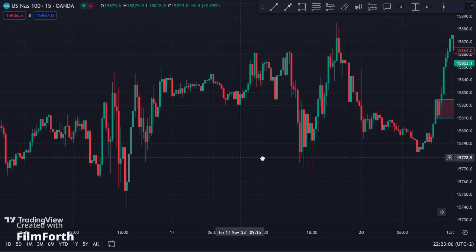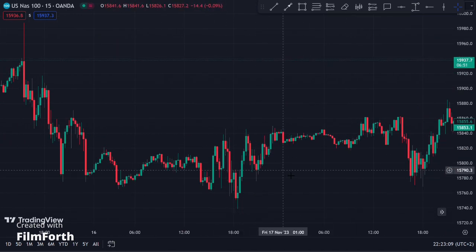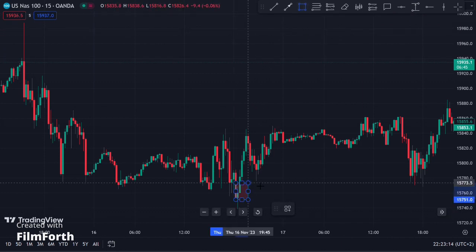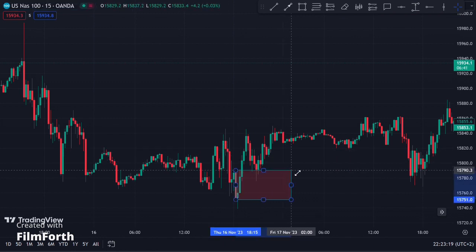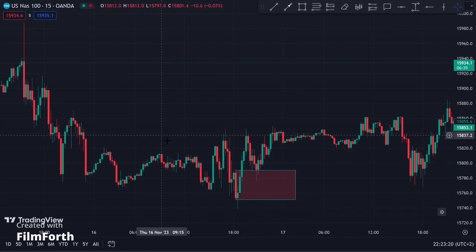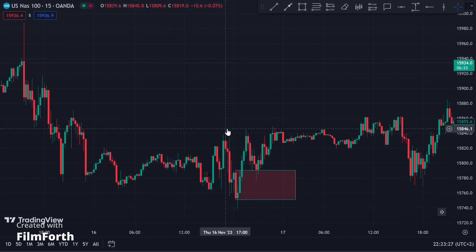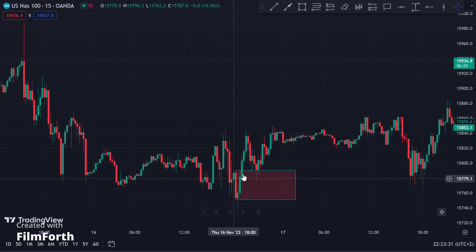Here's another situation of an order block, this candle right here. Not every red candle, keep this in mind, is an order block. It's a change in price. What I mean by change in price: the market ranges, then there are green candles right here.